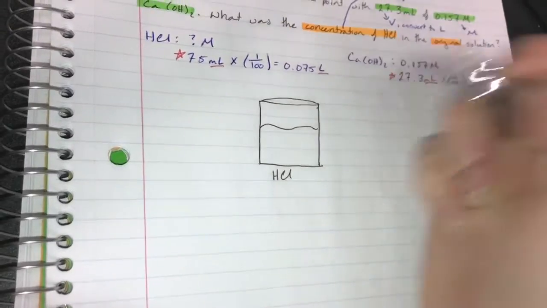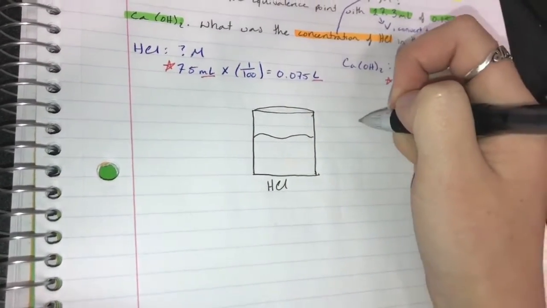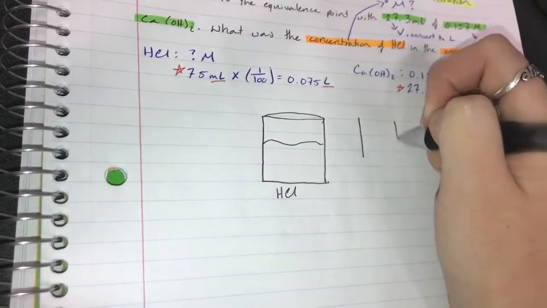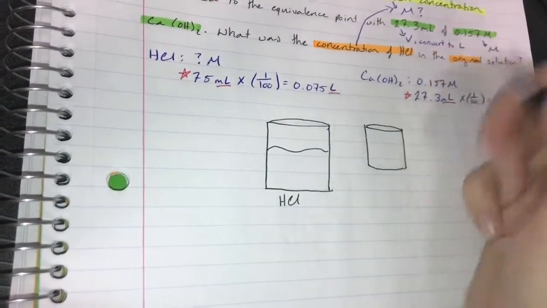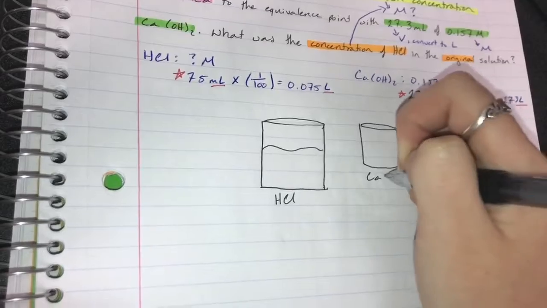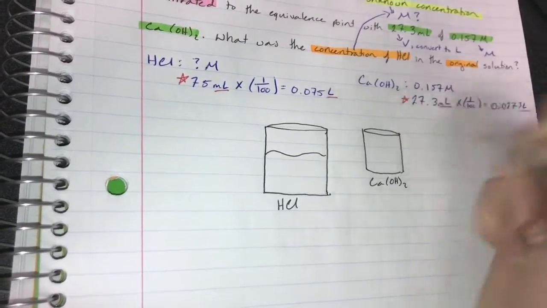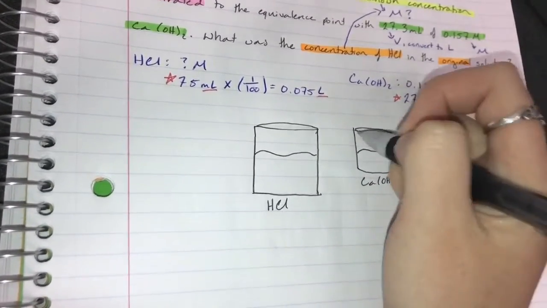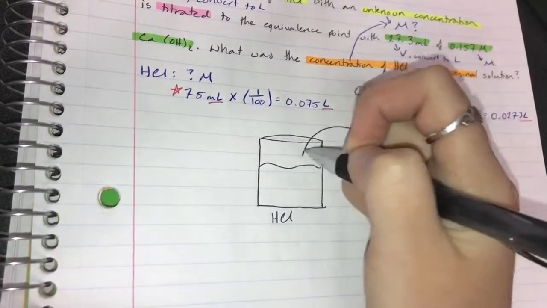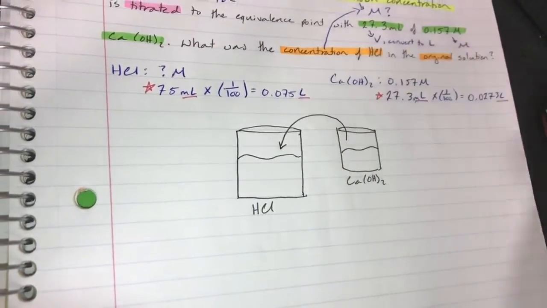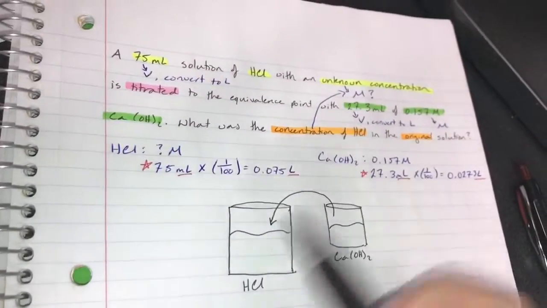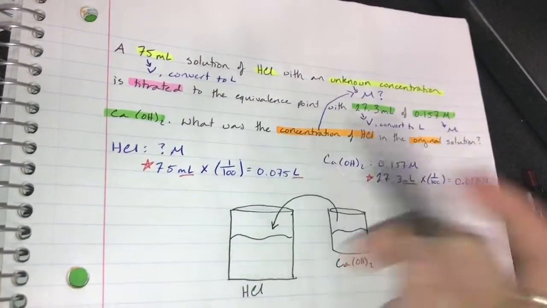But there's our beaker filled with HCl. And then we're going to have another beaker over here being filled with calcium hydroxide. And now this beaker is going to be poured into this beaker. And that is visually what is going on in this problem.